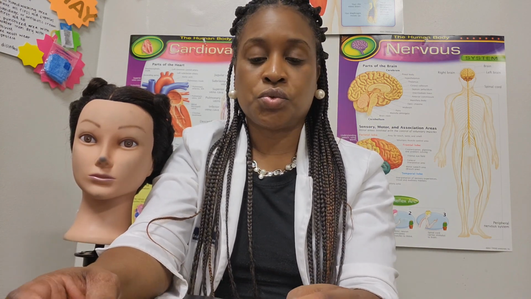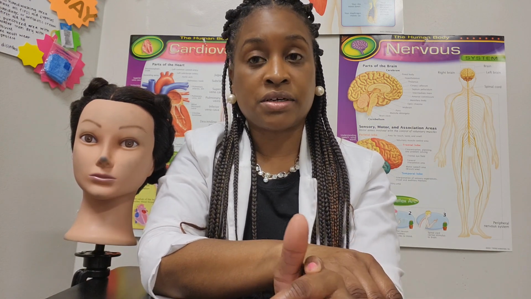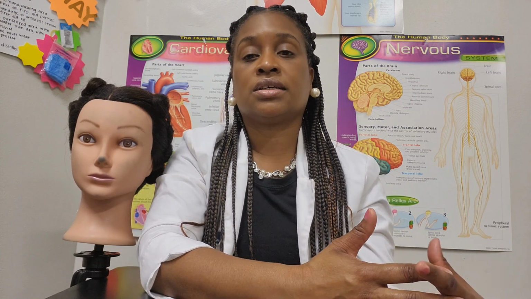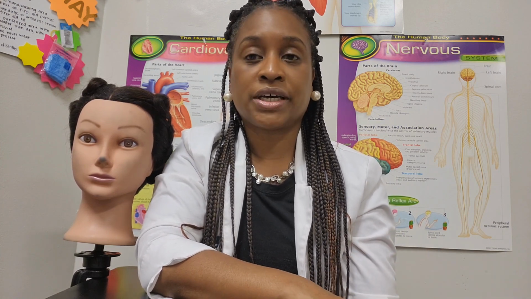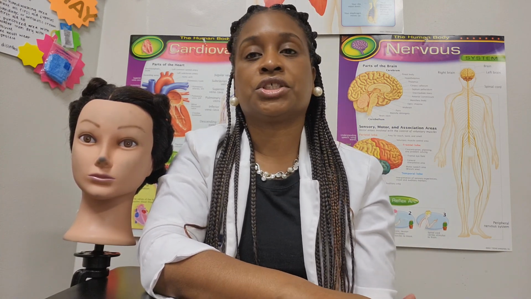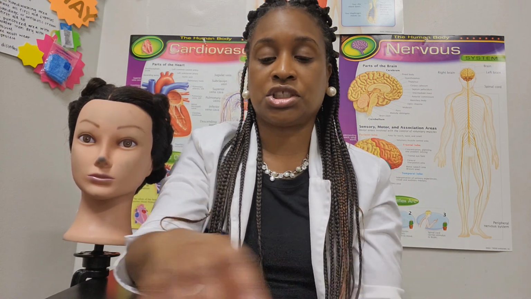If you want to learn more about what the hair is made up of and the chemical elements, how much of each chemical element is in our hair, you can go ahead and check that video out, which is the last 2 videos that I posted on this channel.